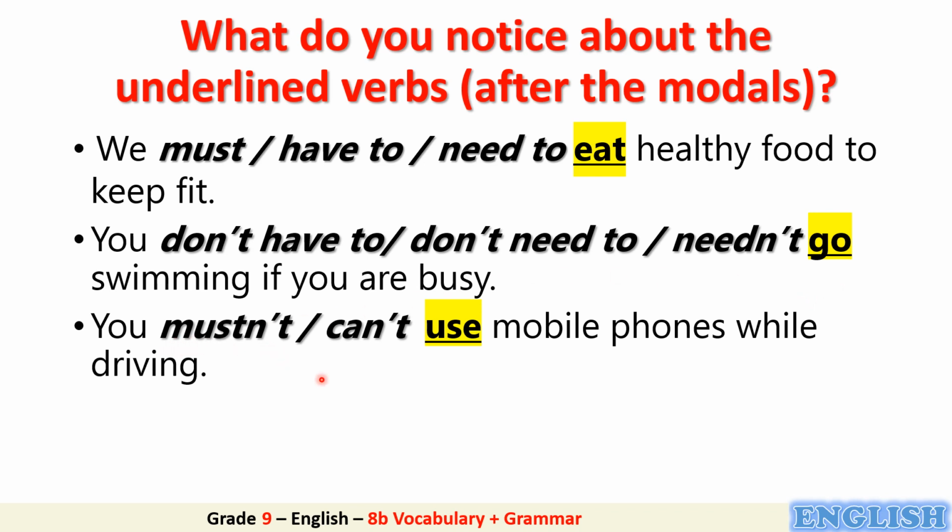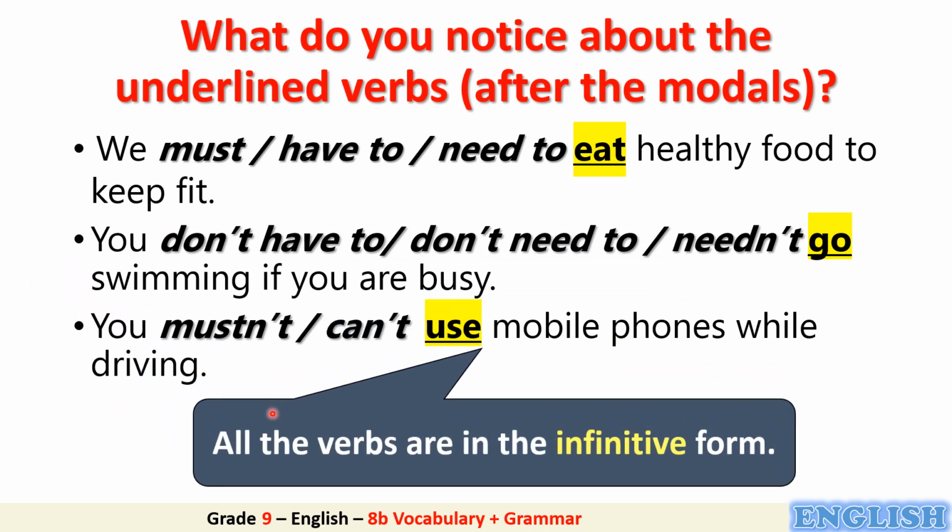After mustn't or can't, we use the verb use. Excellent, my students. We notice that all the verbs are in the infinitive form. Eat, go, use. Very good, my students.